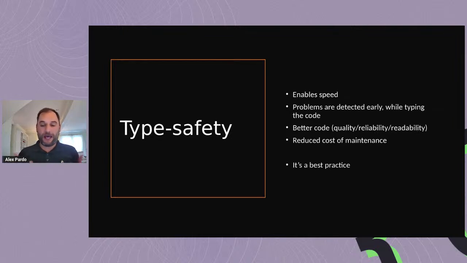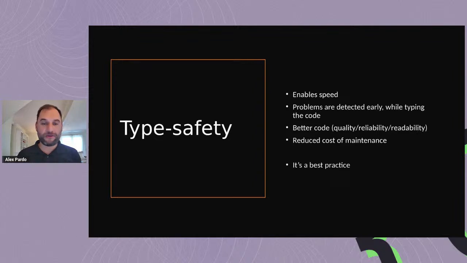You will be told that you may be doing something that will throw an error in production while you are typing your code, right? So at compile time, you will know whether some additional checks should be included or you need to create some type guards, for example.